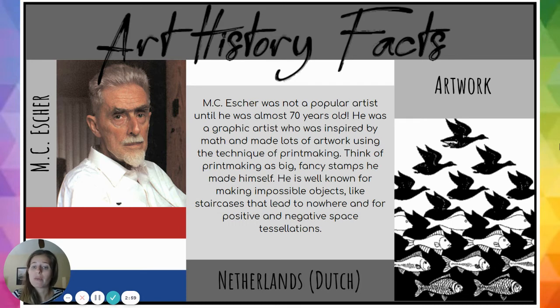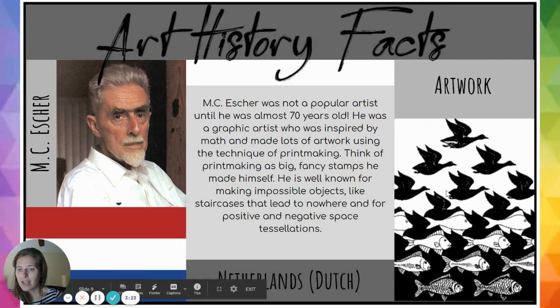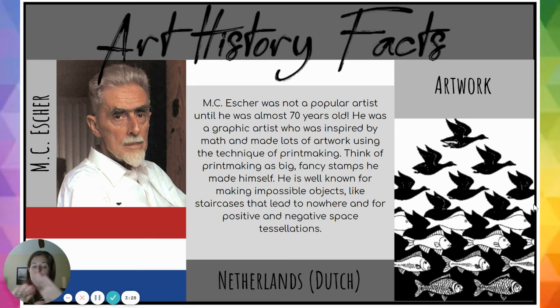He's really well known for making impossible objects like staircases that lead to nowhere, and positive and negative space tessellations. Tessellations are like the artwork that you see over here. We start with blackbirds at first, but the blackbirds end up fitting in between the fish here. And the fish are these white spaces as well. So they're two images that fit like puzzle pieces perfectly together.